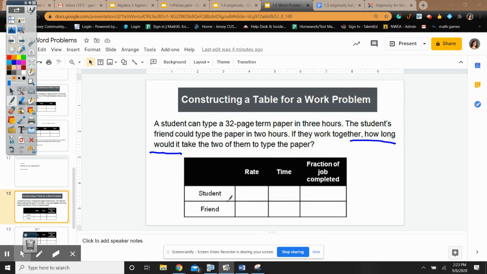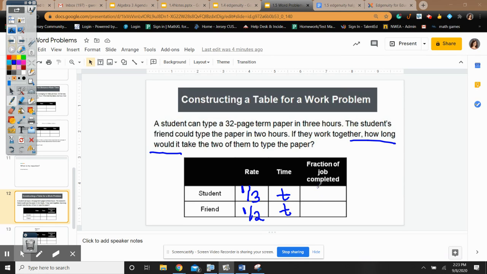So this student writes a 32-page paper in 3 hours. So one paper can get done in 3 hours. Papers per hour. This one can do one paper in 2 hours. The time would be the same for both.